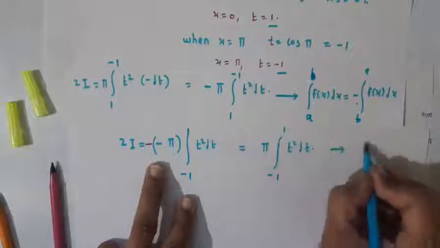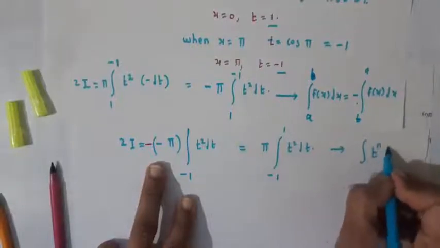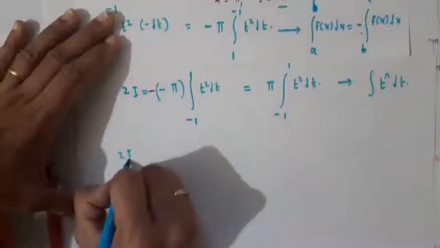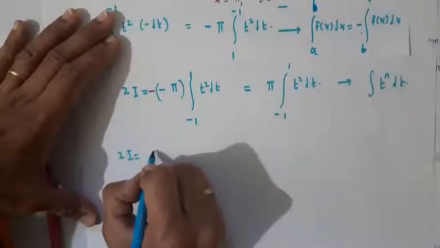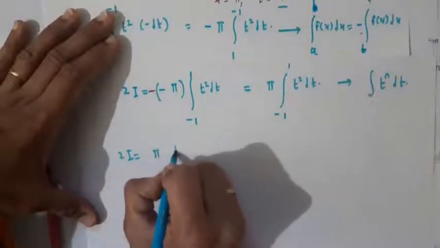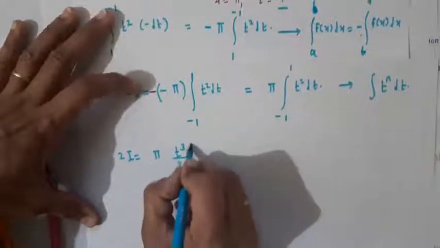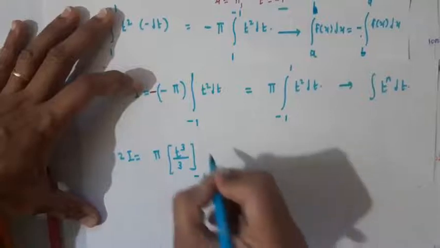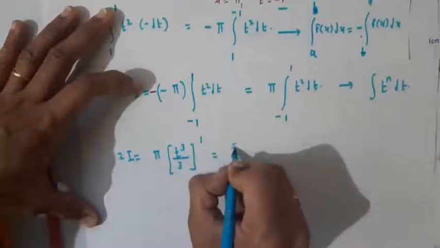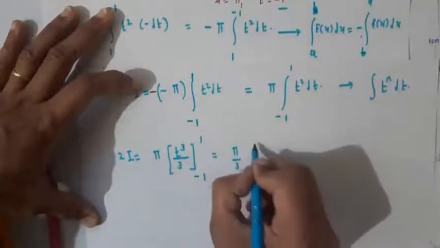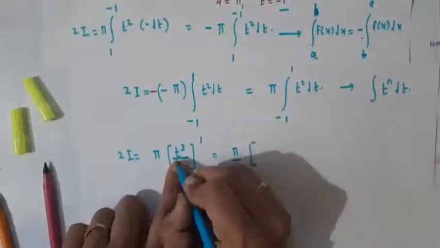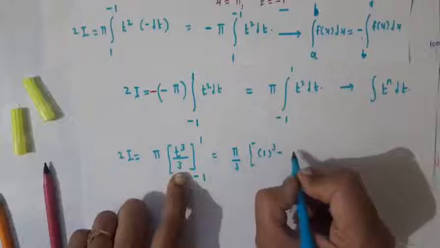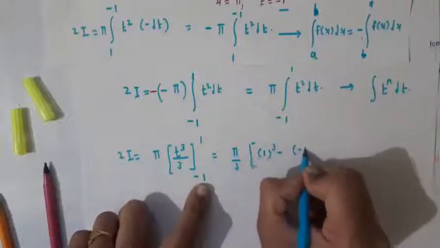Now by using the formula of integration t raised to n, therefore 2I equal to pi t raised to 3 upon 3, integration of t square, and limits of integration minus 1 to 1, take pi by 3 outside, and t is 1, that is 1 raised to 3 minus the value of t is minus 1 raised to 3.